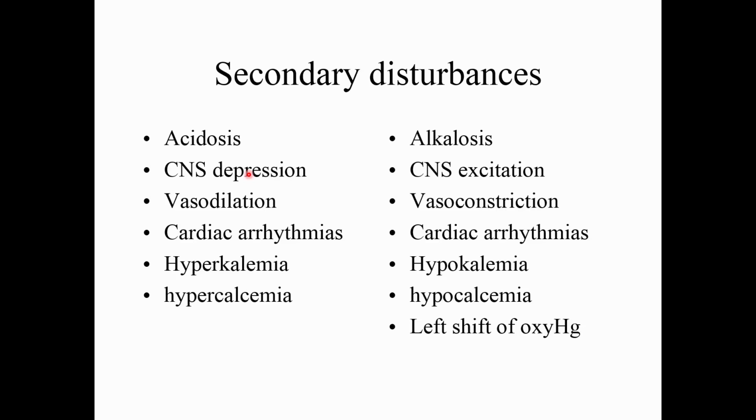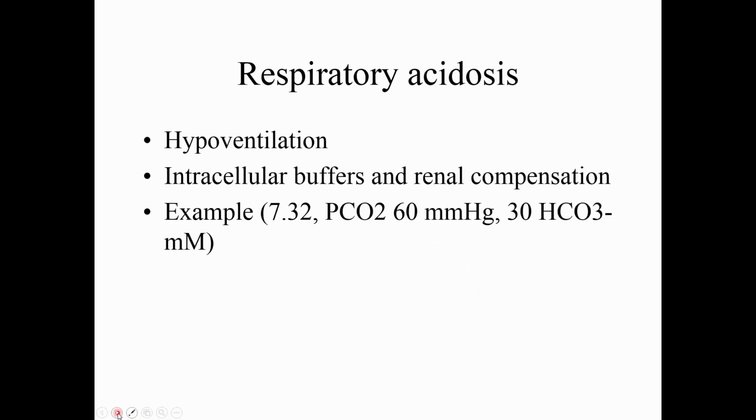You'll also have dysrhythmias because of the hypokalemia, and you're more likely to have something like an ectopic focus because you're suppressing the activity of the SA node. And remember, with alkalosis, you'll have a left shift of the oxyhemoglobin curve, so hemoglobin will not be releasing oxygen the way you would like it to at the tissue level.